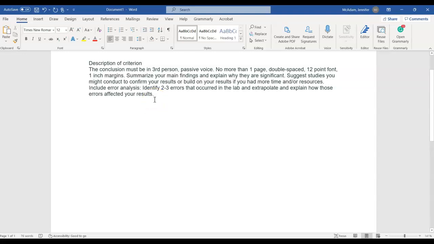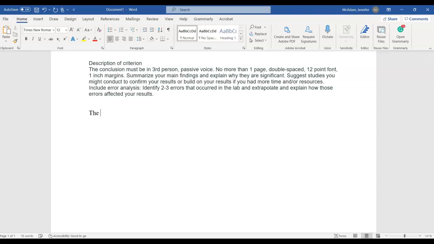So when we're doing this conclusion and error analysis, I'll write this just how we might say it, and then we'll change it to passive voice, third person. We want to summarize the main findings and explain why they're significant. So what's the goal?